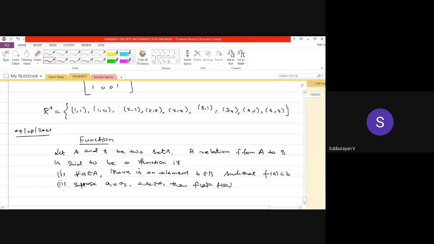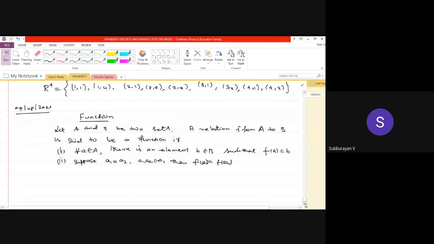So this is called the well-definedness property. Whenever a1 equals a2, then their images are also equal, whereas in a relation we may have different images.